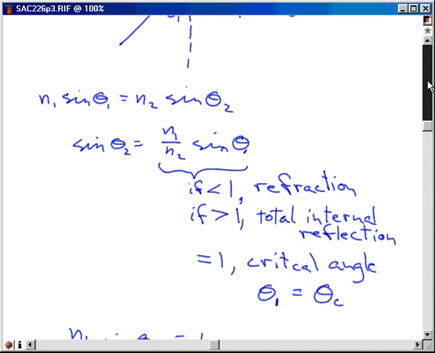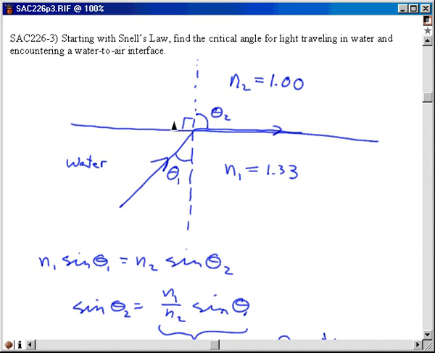N2, I know, is the air side, because that's the material on the other side of the interface from the side in which the light is initially traveling. So it starts out in one medium and then goes into another medium after it passes through the interface, or if it were to pass through the interface, it would go into another medium. That medium that it would go into is referred to as the second medium, whereas the medium in which it's initially traveling is the first medium.